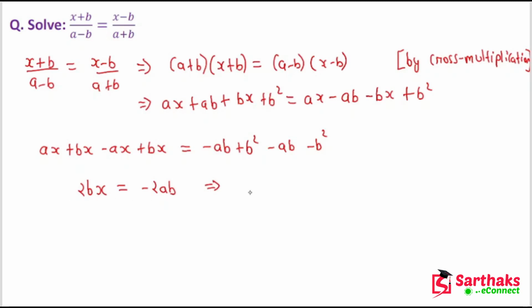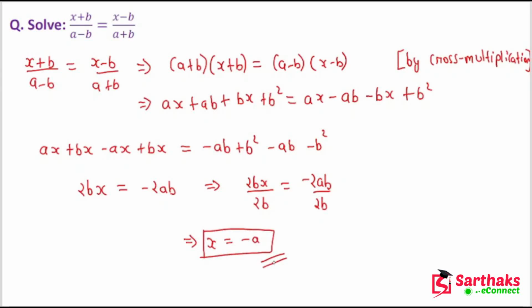Again dividing both the sides by 2b, we get 2bx upon 2b is equal to minus 2ab upon 2b. So 2b will cancel the 2b, and we will have x is equal to minus a. So this is the solution of this given equation.